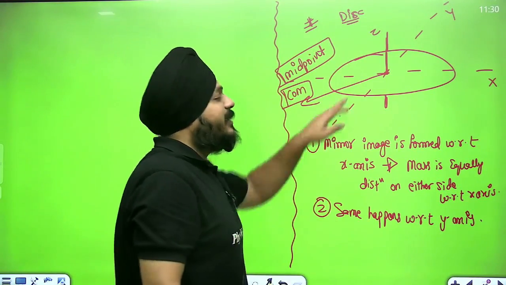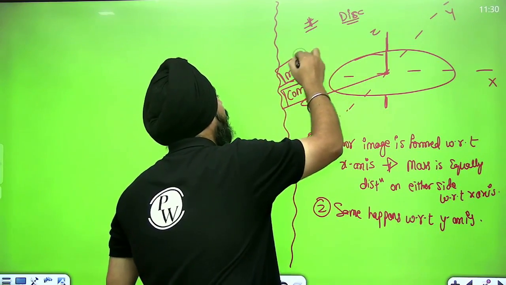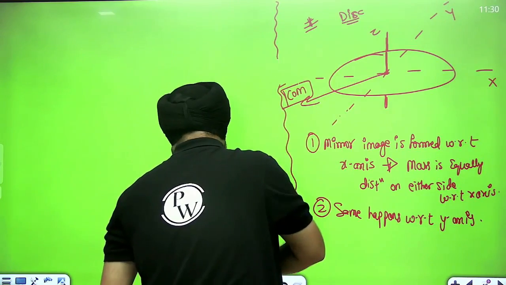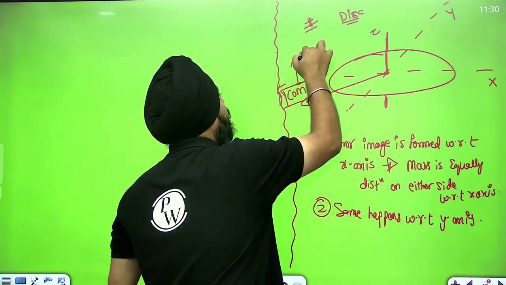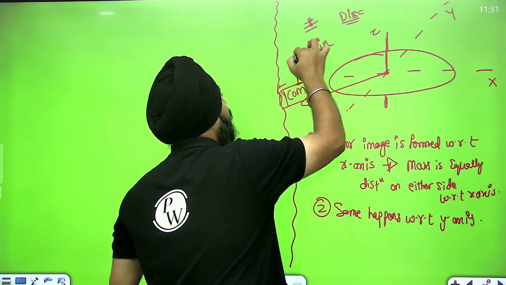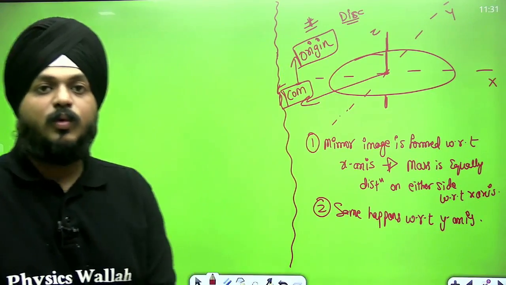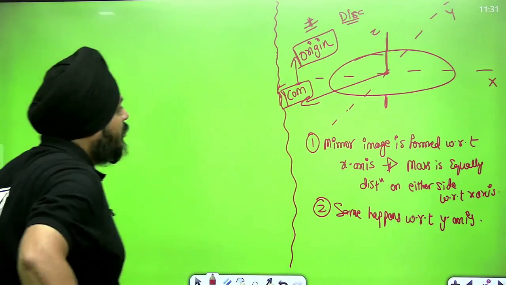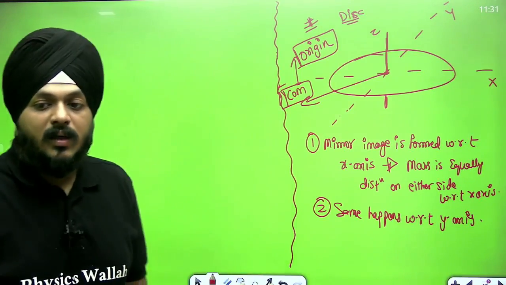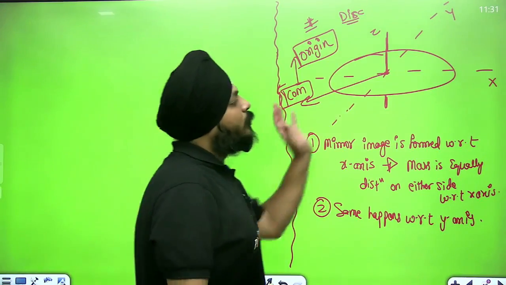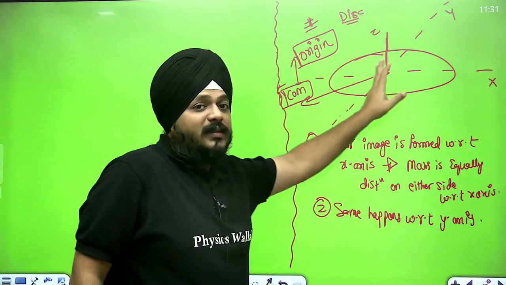Why? It is exactly at the origin. The specific word would be the origin. Right? Because with respect to all of those axes, the mirror images are formed. So that's why the center of mass is there.